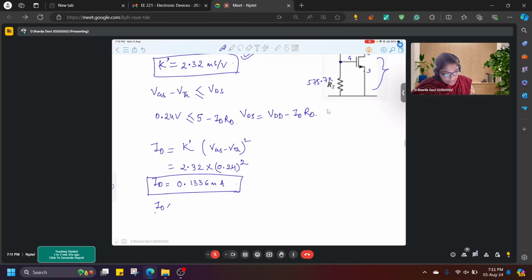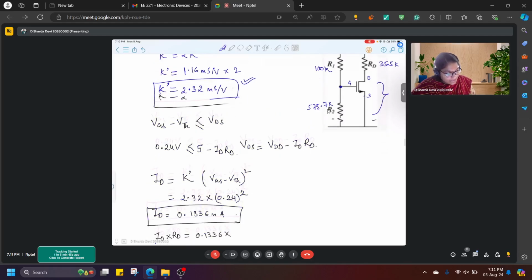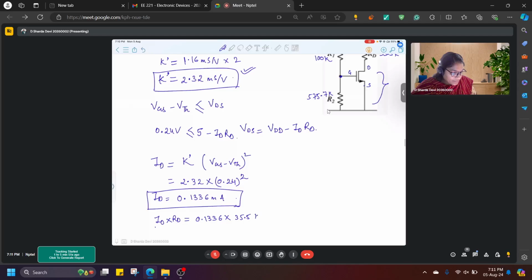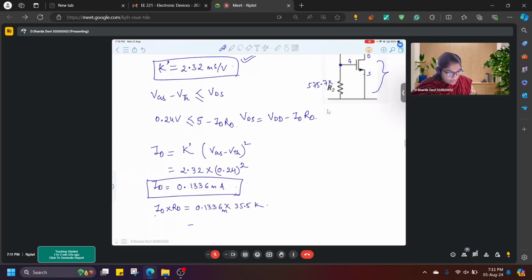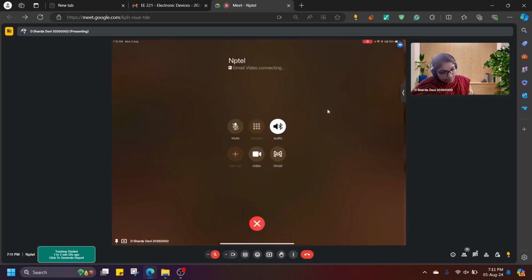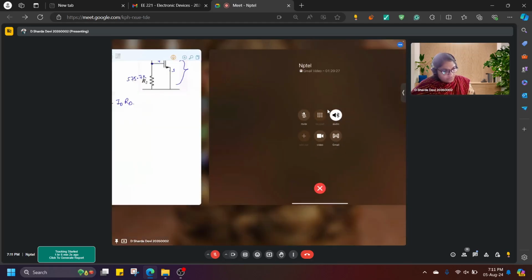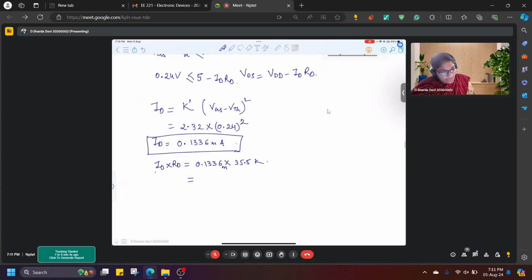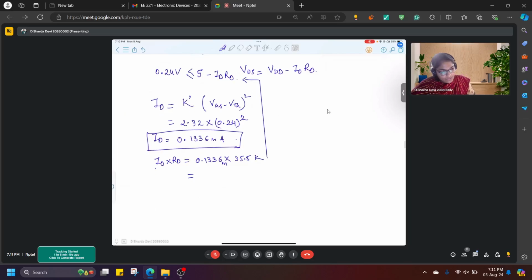So ID into RD, that is 0.1336 milliampere into 35.5 kilo, will be substituted here. So VDS is 5 minus 0.1336 milliampere times 35.5 kilo.